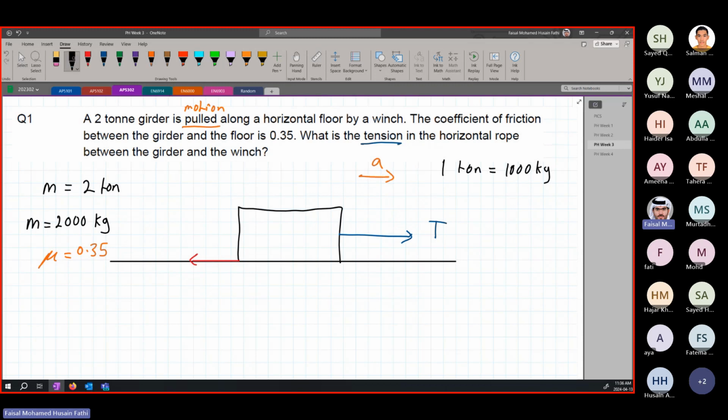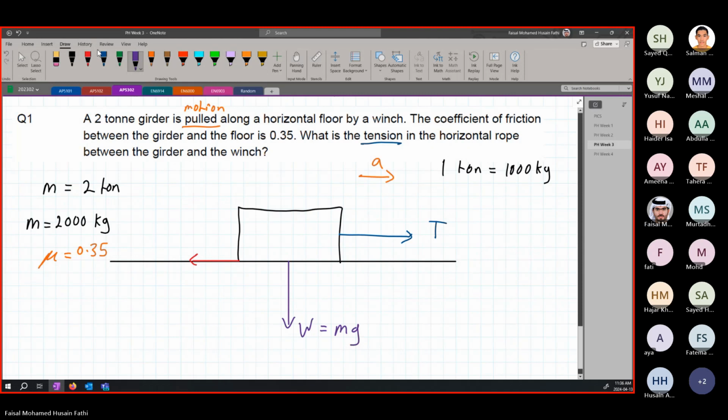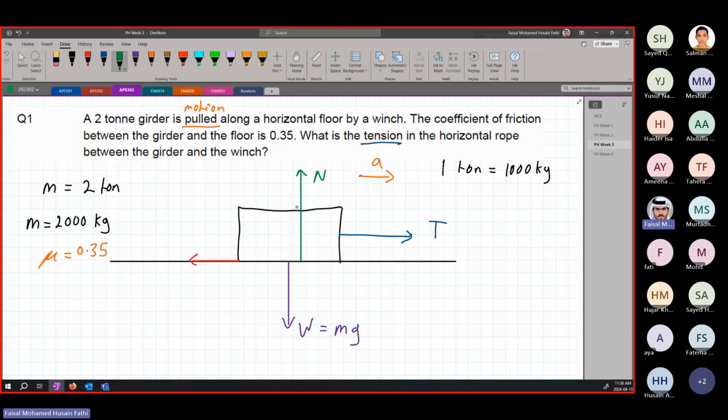Then we have our weight, which is straight down, W equal to mg, which we can already find. And then we have our normal force, which is from the surface going upwards. See, the first step when solving a question like this is always to draw your free body diagram so that you understand where the force directions are all going. And this is our friction force over here.